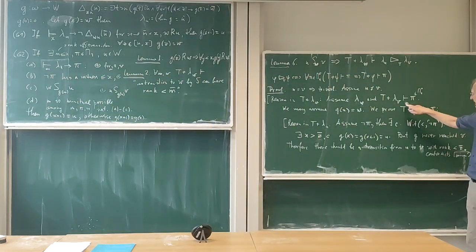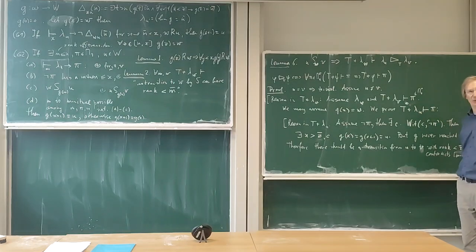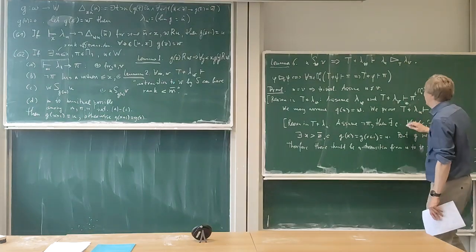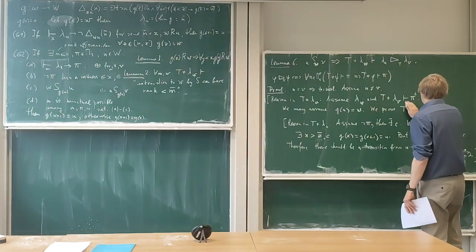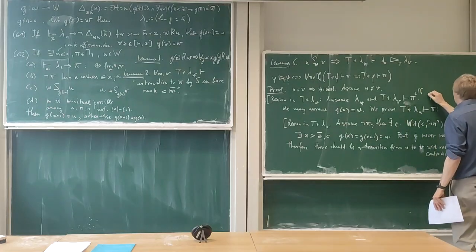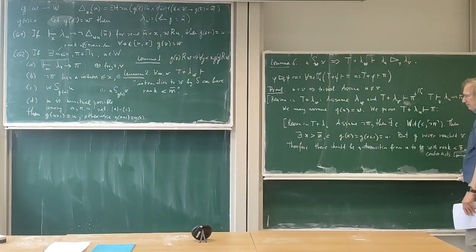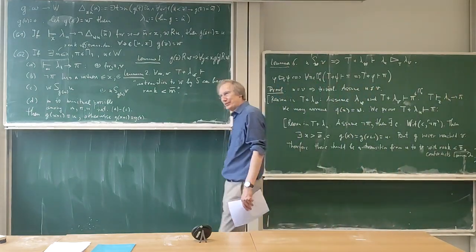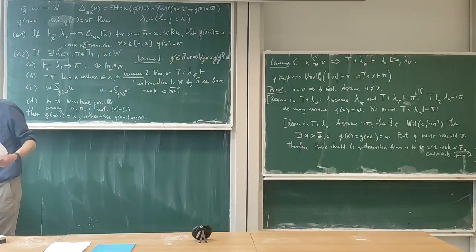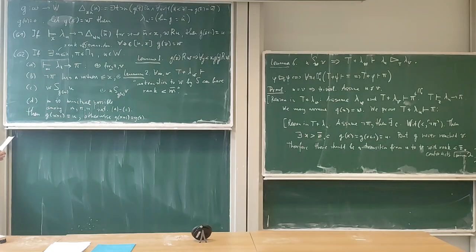So let Z be a proof of lambda implies pi. And let Z be, okay, T Z lambda V. That's good. Fair point. There is a slight difference in Gödel numbering there, but nothing changes in substance.